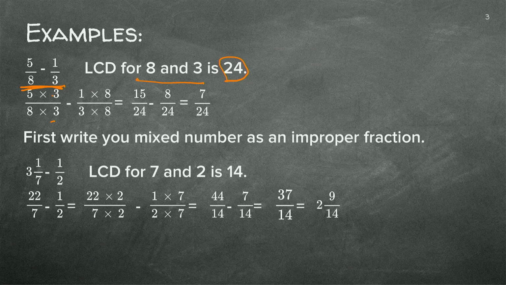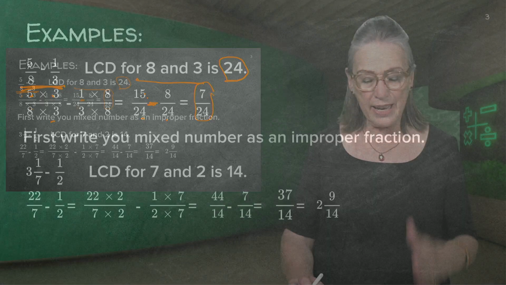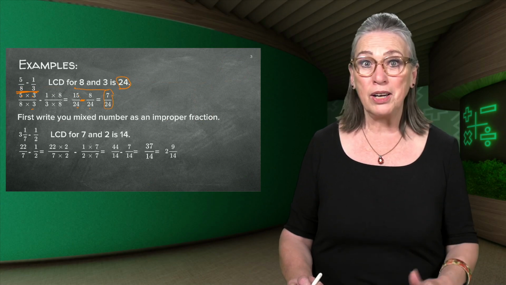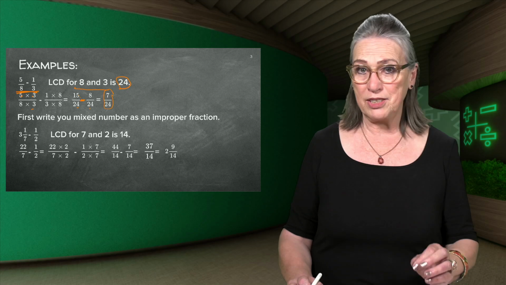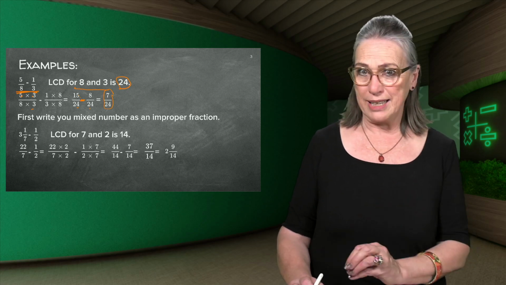And to get from the 3 to the 24, we have to multiply top and bottom by 8. So that will then give us 5 times 3 is 15 over 24 minus 8 over 24. This will give us 7 over 24. Very important: we can only work with addition and subtraction when we have a common denominator.